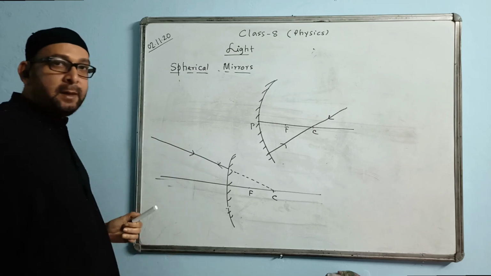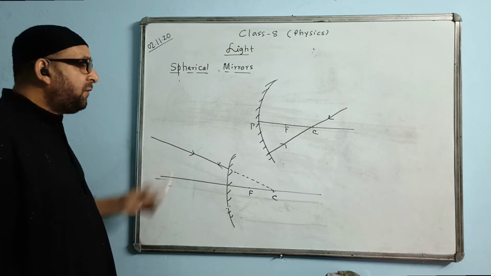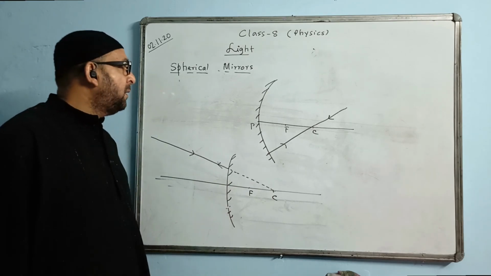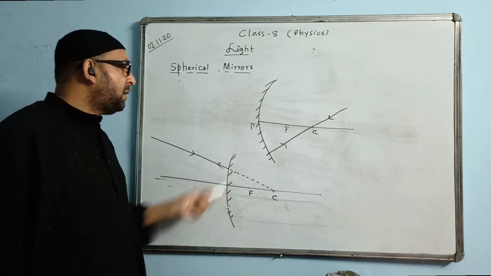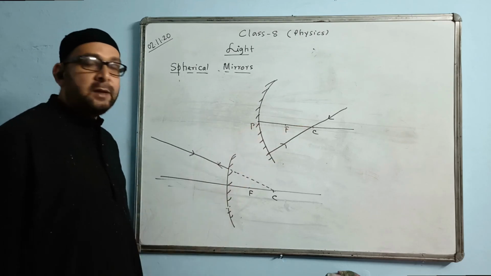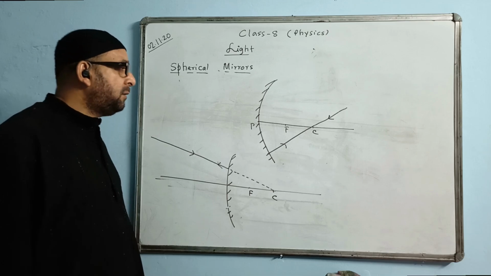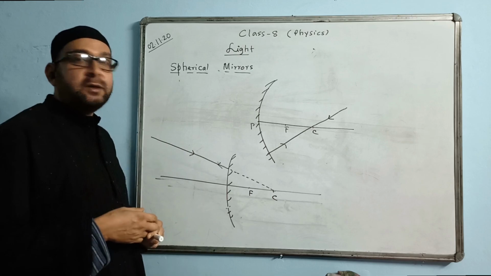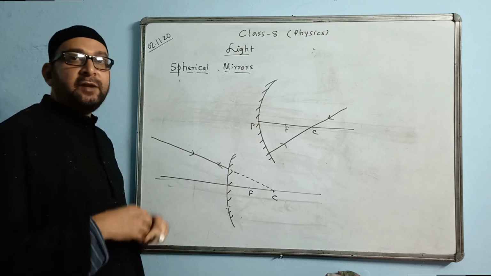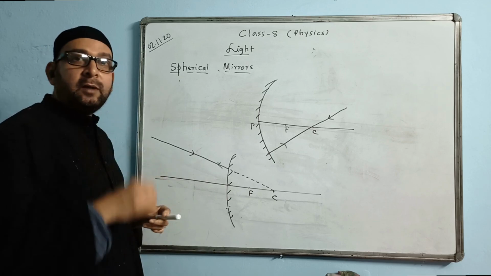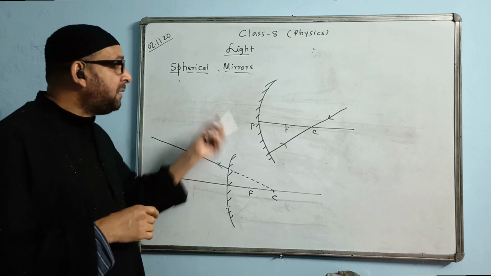It will retrace its path. Any kind of incident ray passing through C will retrace its path. So these two diagrams also we have to learn with the property related to the center of curvature in case of a spherical mirror. The definitions of focus, center of curvature and radius of curvature I already told you. So please note them down, they are given in the book also, and understand the diagrams also.